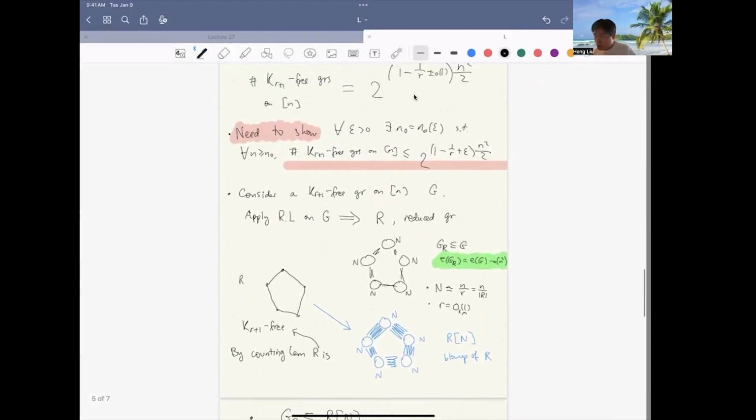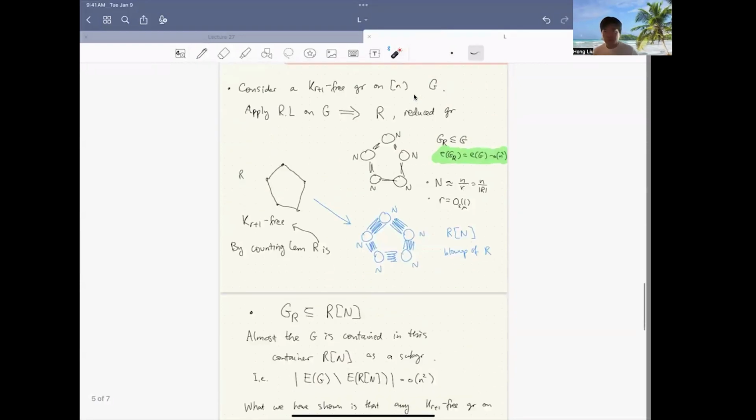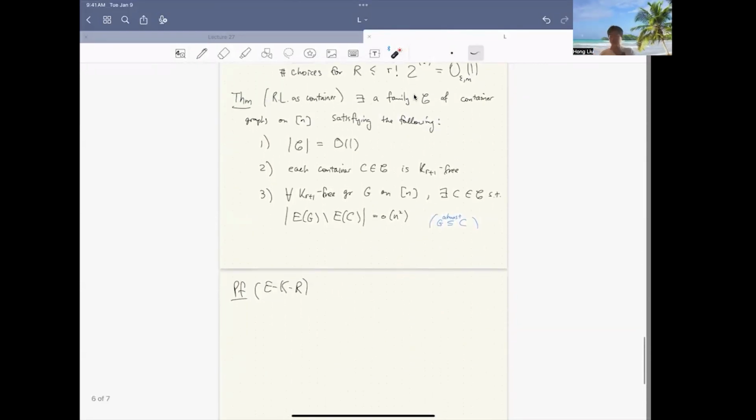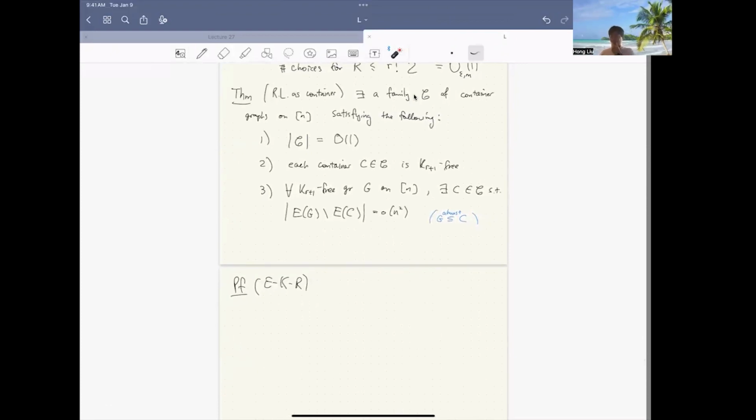The number of K_{r+1}-free graphs on n vertices is 2 to the (1 minus 1 over r plus little o(1)) times n squared over 2. So we want to count such graphs.